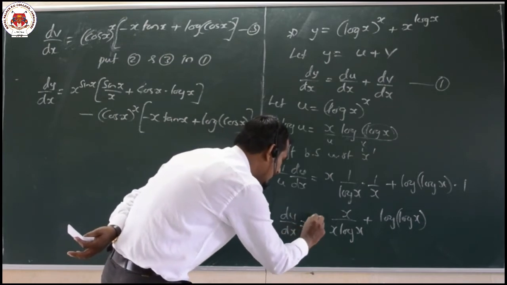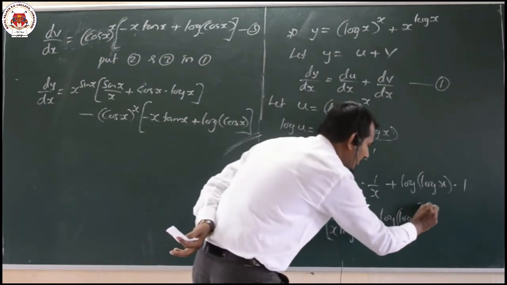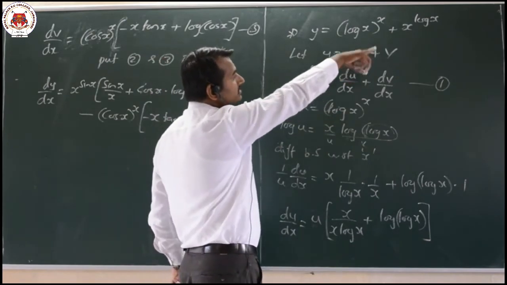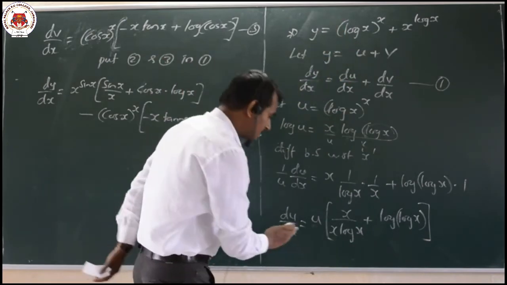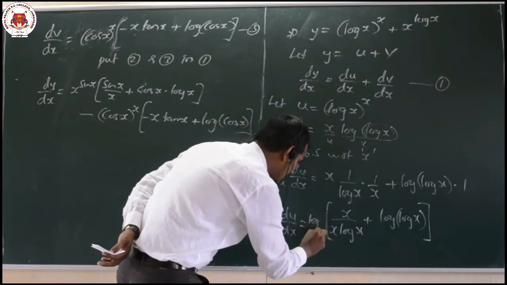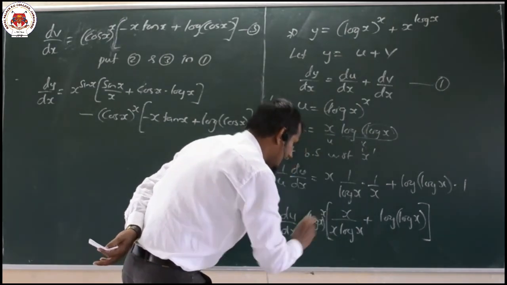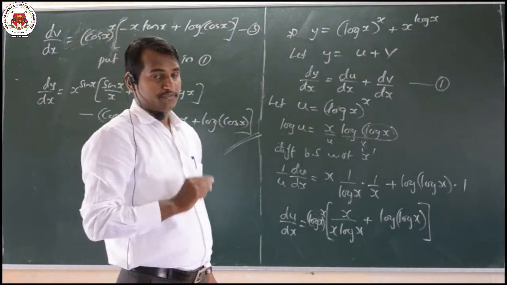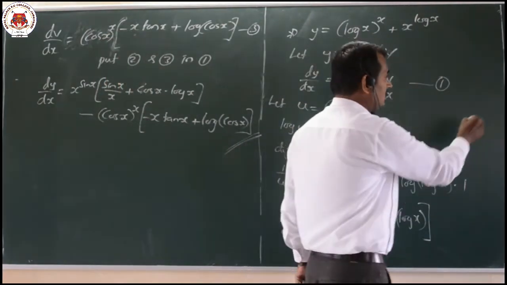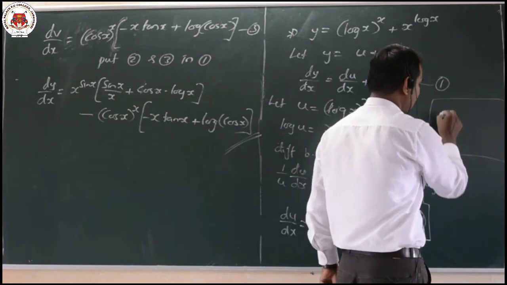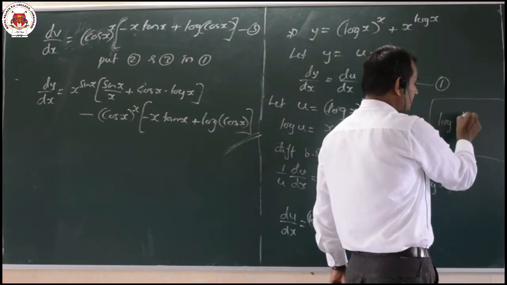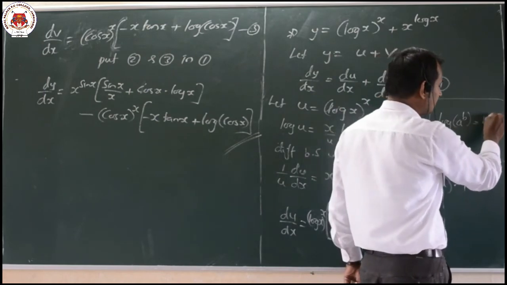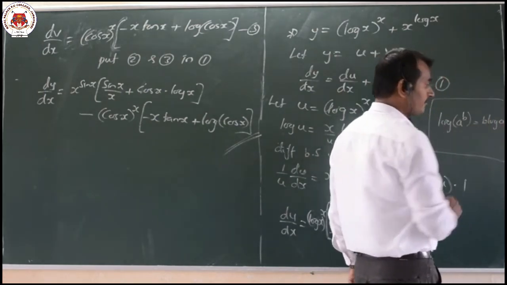That is nothing but du by dx equal to u into, now what is this u here, in the question, u means it is nothing but log x to the power of x. One more thing, very, very important, in the properties of logarithm, log a raised to b is nothing but b log a.